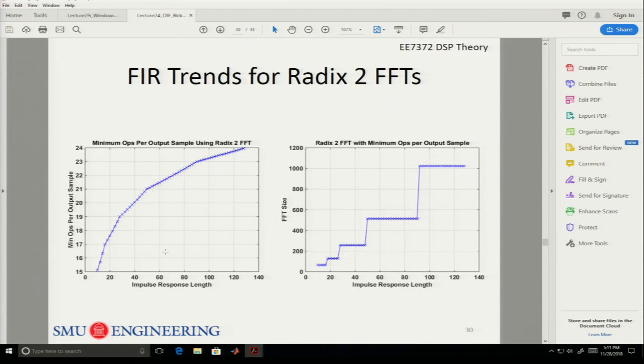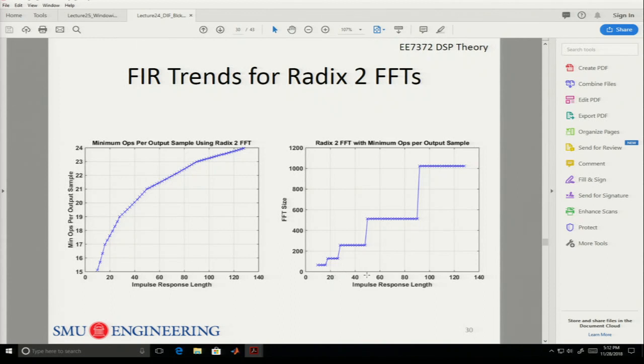But let's suppose instead of 50, it was 110. So now we're up to 23 with the right sized FFT. So not much more. So that begs the question, well, what size FFT? So that's why this chart comes in over here on the right panel. So let's look at ours.